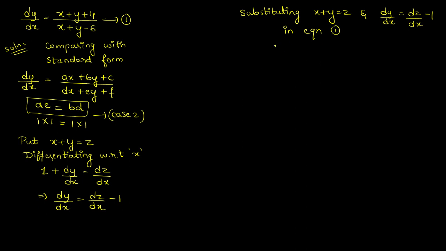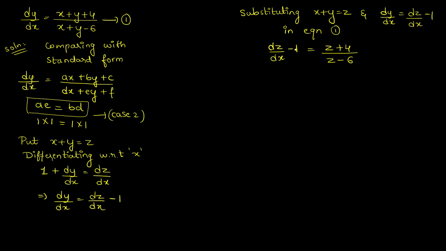We know that dz by dx minus 1 equals z plus 4 divided by z minus 6, since x plus y is z. So we can see here we have obtained an equation in the variables x and z. So now we have to go for separation of variables.